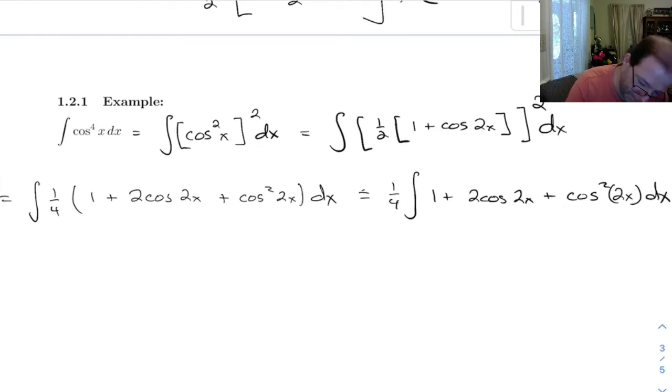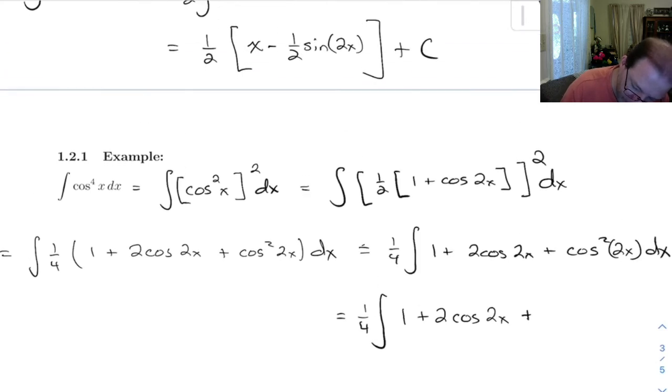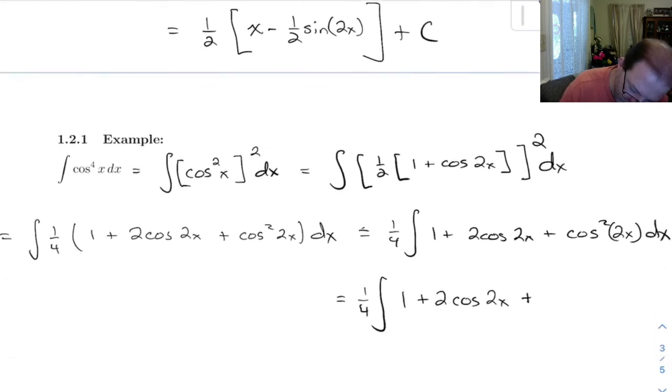So this gives me 1/4 integral of 1 plus 2 cosine 2x plus, now I've got to replace the cosine squared with 1/2 times 1 plus cosine of, not 2x this time, it's going to be 4x, dx.